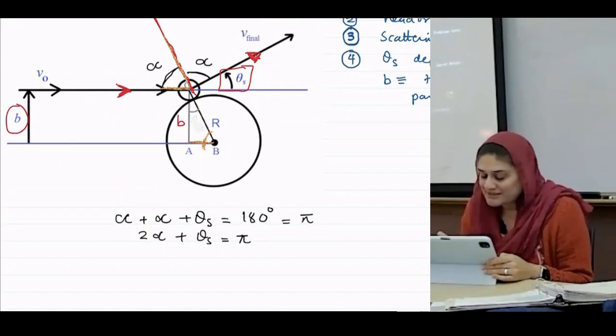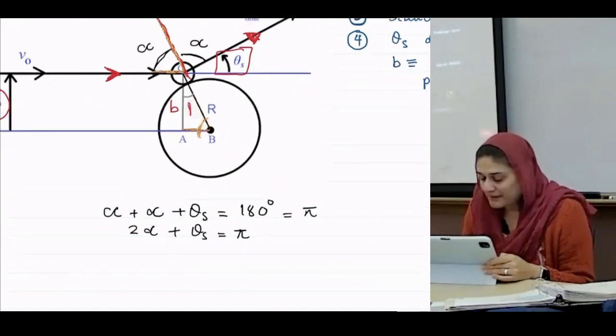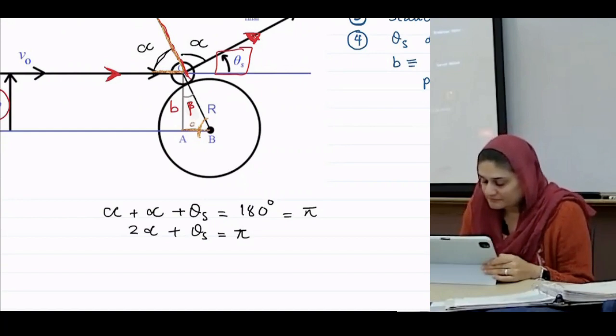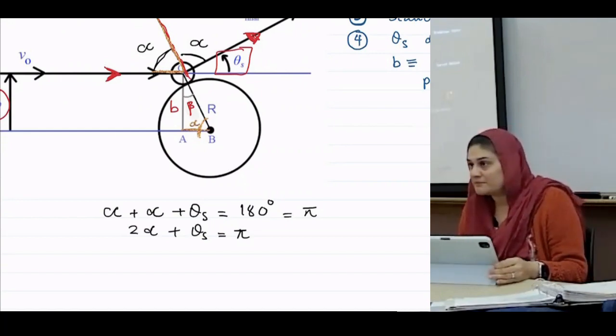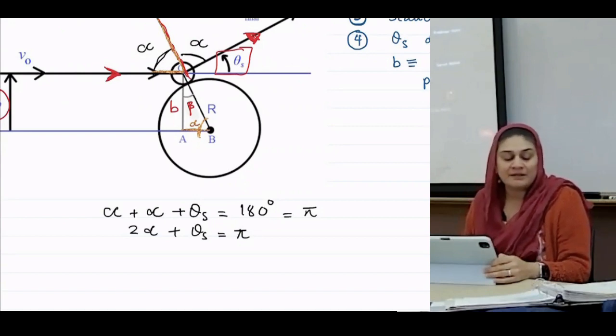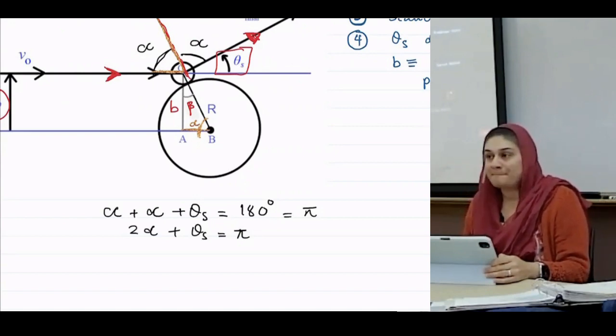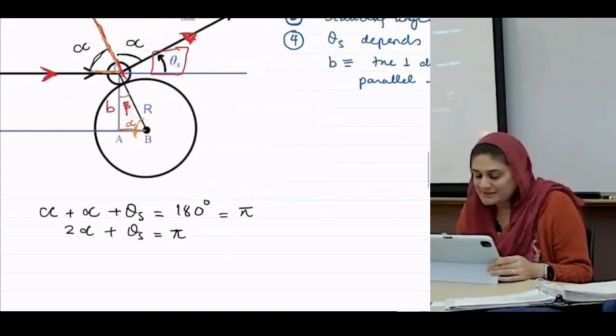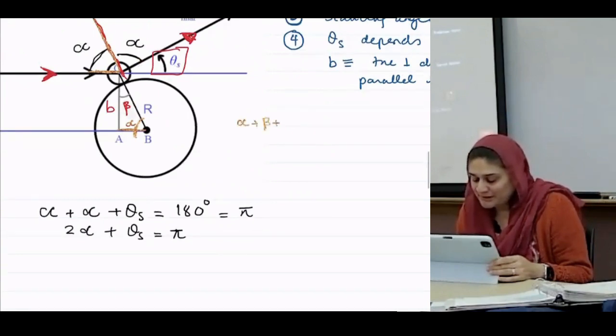May I call this angle beta? So then this angle is alpha. So far, so good. Is alpha plus beta plus 90 equals pi in a triangle? Is that going to be true? So may I rewrite this as alpha plus beta plus 90 degrees equals 180?